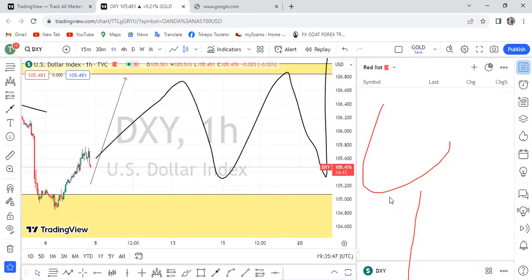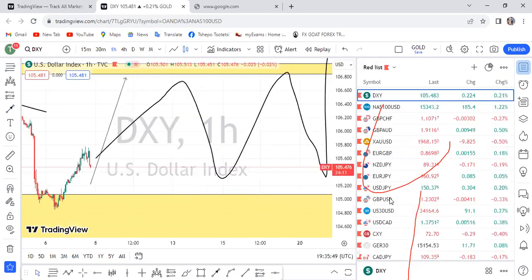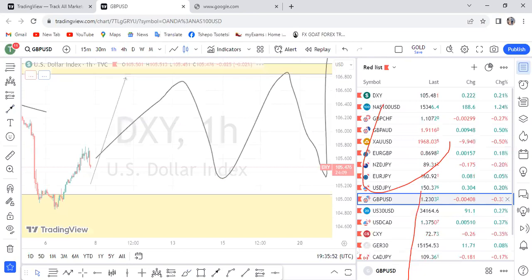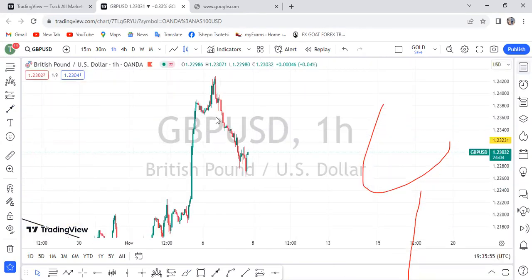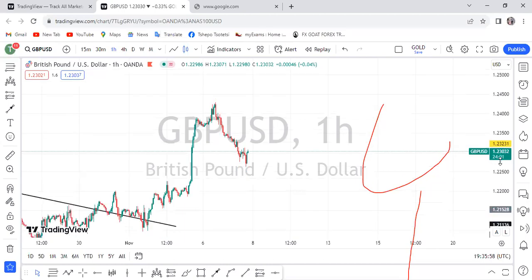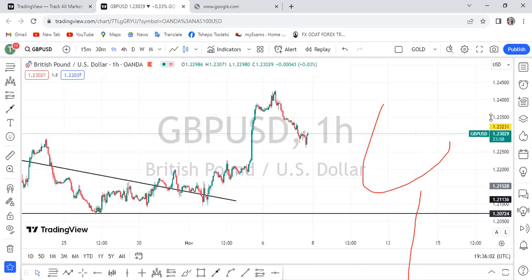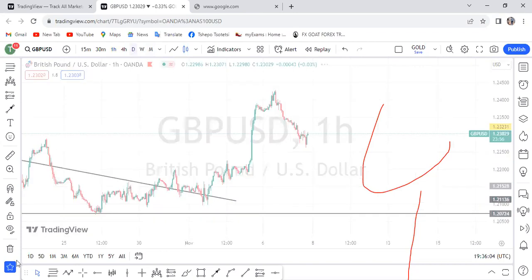Now I'm gonna go to GBP USD. Let's go on a daily time frame and let me remove this.